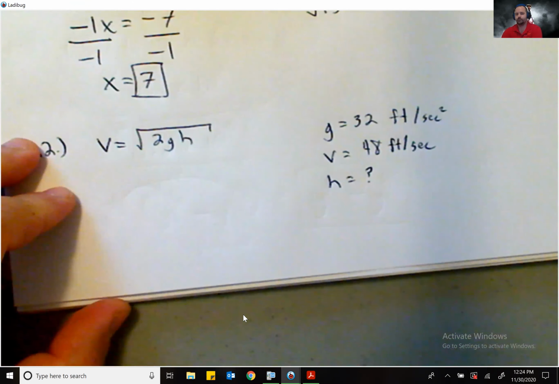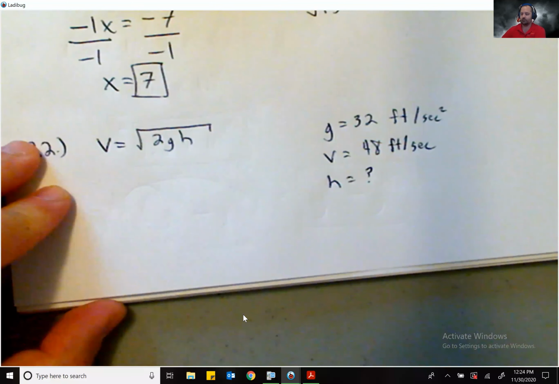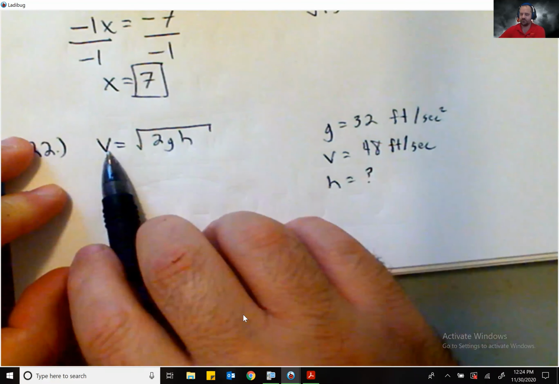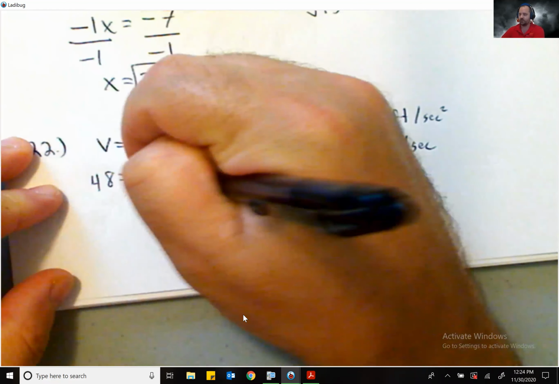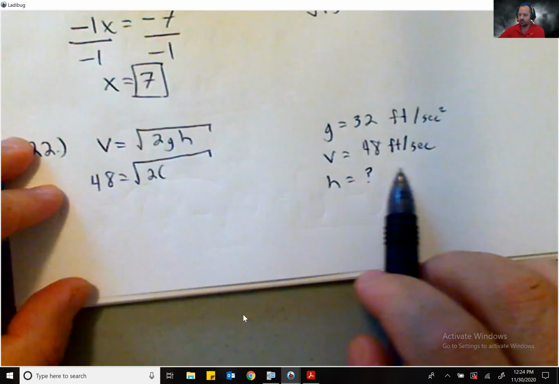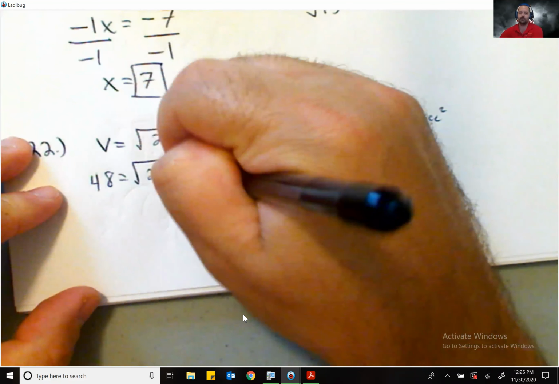You put them in. Yeah, plug them in and then solve for the missing variable. So 48 is v equal to the square root of 2 times our g is 32, and then our h.